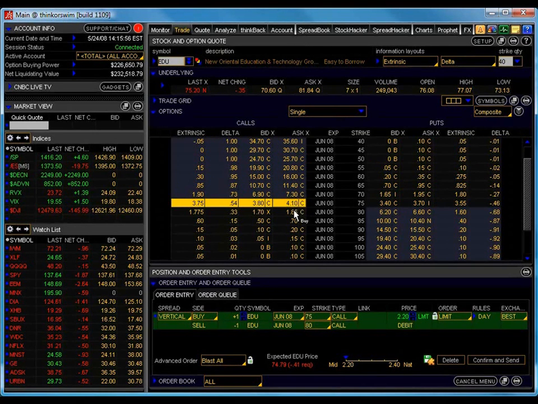Now, if the stock is at $80 and you had the right to buy it at $75, then your option will be worth $5 at expiration, and everybody else has to pay $80 for that stock, but you could exercise the option and purchase the stock for $75, giving you an immediate $5 profit.